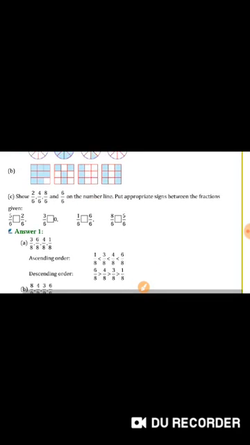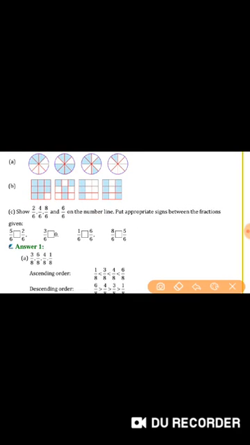Next, same diagram with all square boxes. All parts are how many? 9 parts. 9 parts are the total, isn't it? See, when the denominator is same, then only we can write the ascending or descending order. When denominators are not same, we have to make the denominators same. Then only we can do it. How?